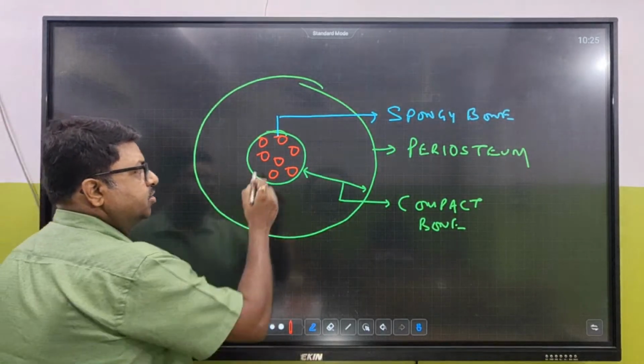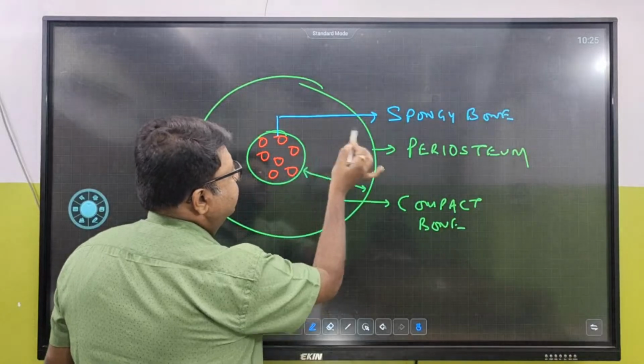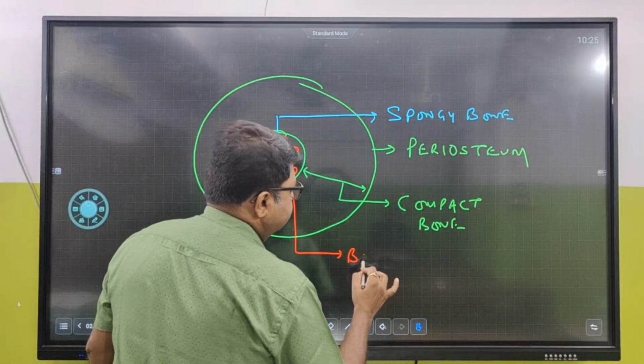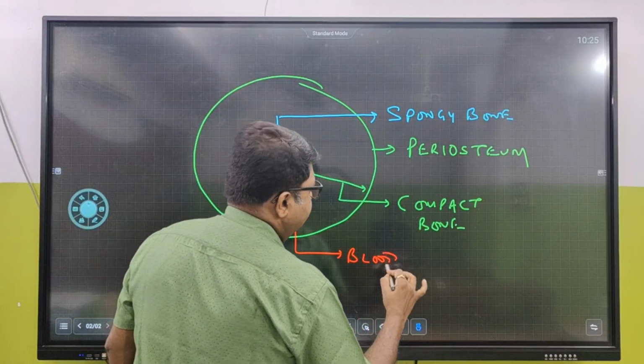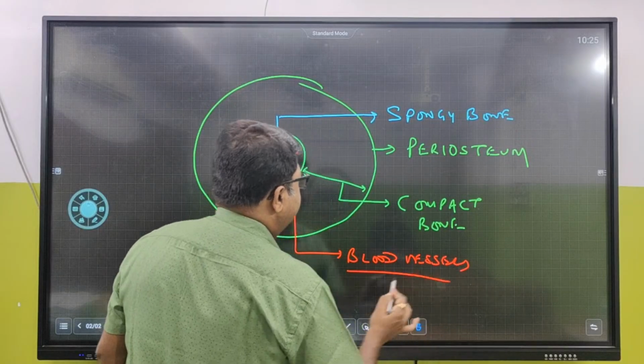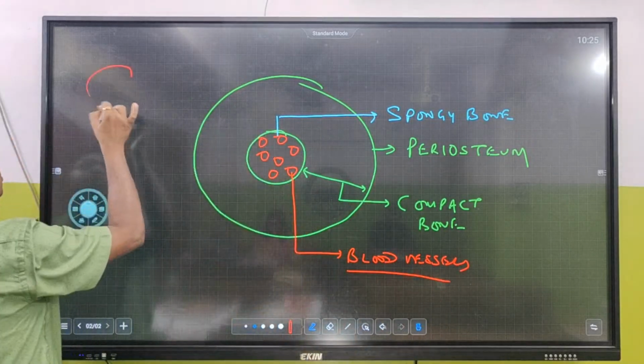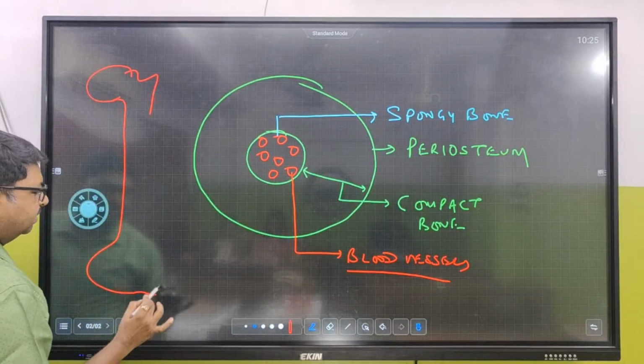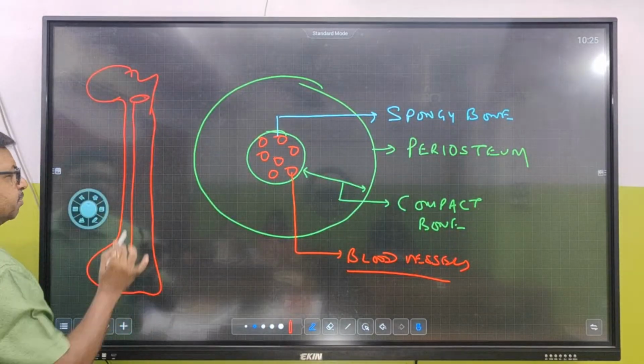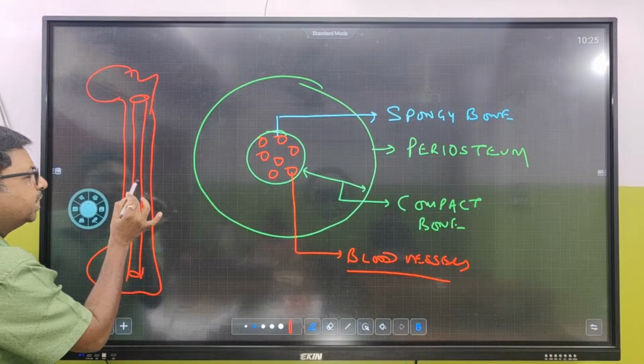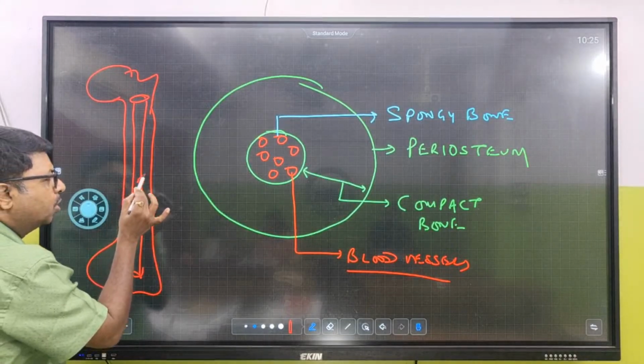Okay, fine. So these are the blood vessels present. And these blood vessels, you can see, they are present in the lateral part of the bone. But if the middle of the bone is compact, how do the blood vessels reach there?